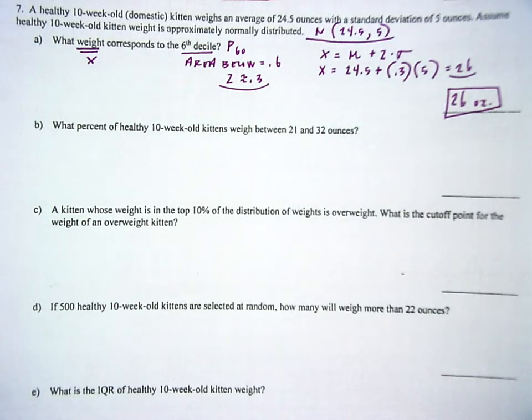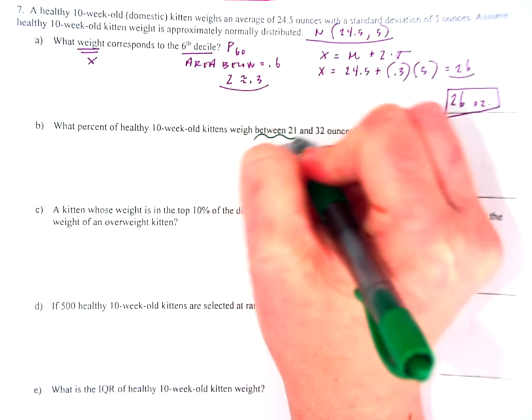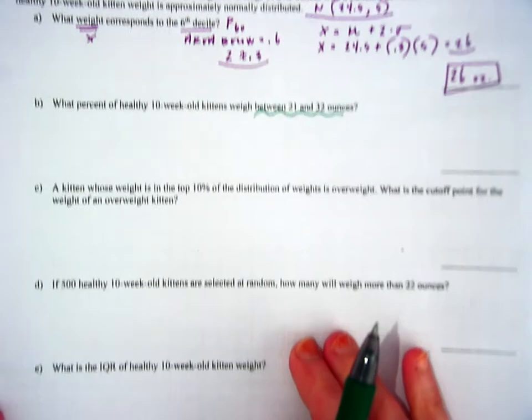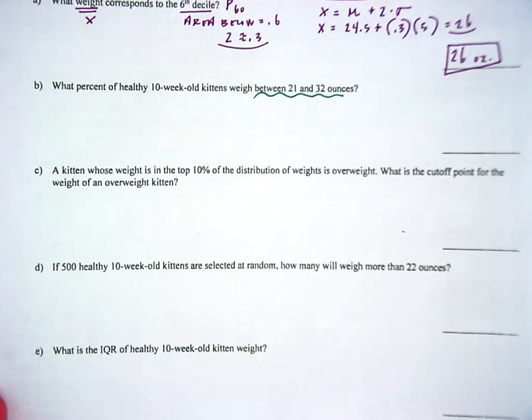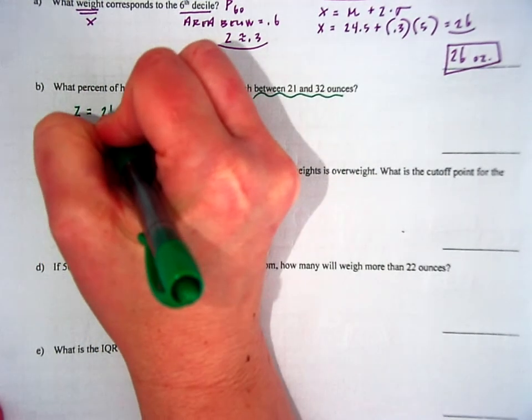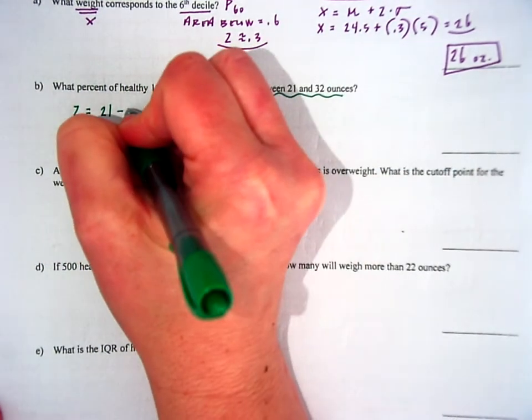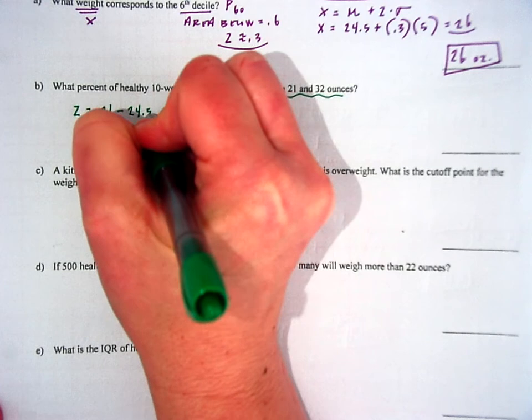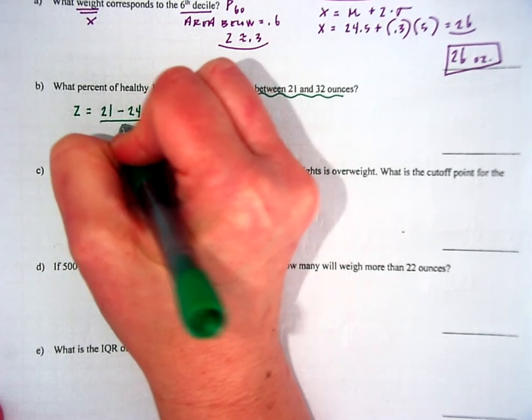Okay, for B, what percent of healthy 10-week-old kittens weigh between 21 and 32 ounces? So here we're in the in-between space. So I need to find both of those z-scores. The first one, z equals the observation, 21, minus the mean, 24.5, divided by the standard deviation of 5.